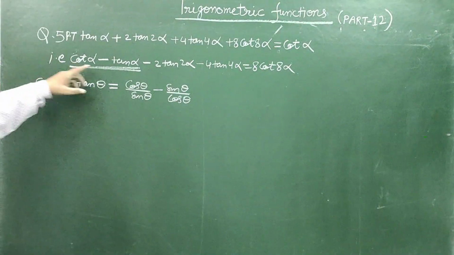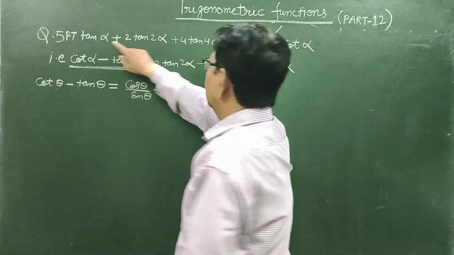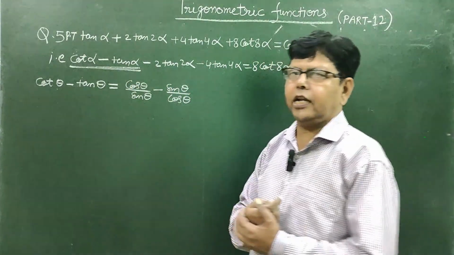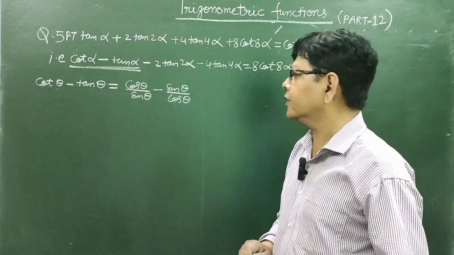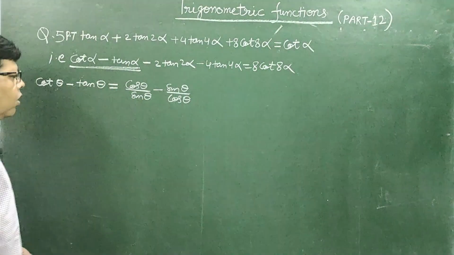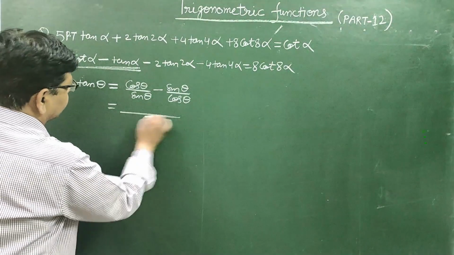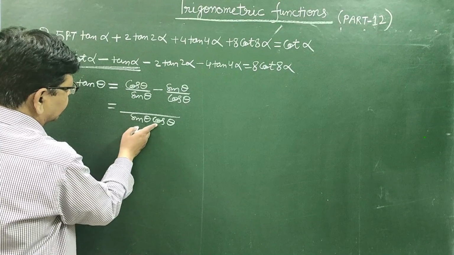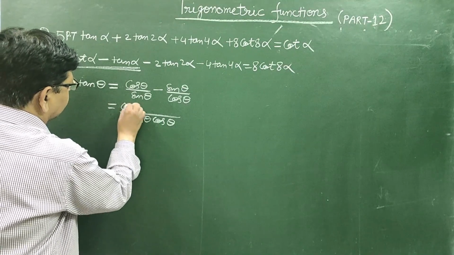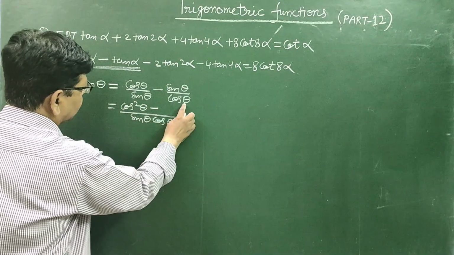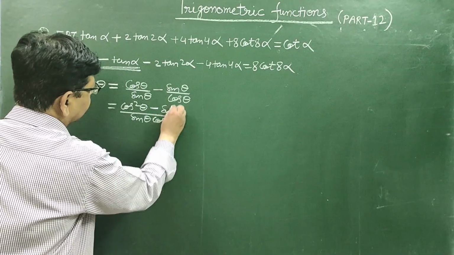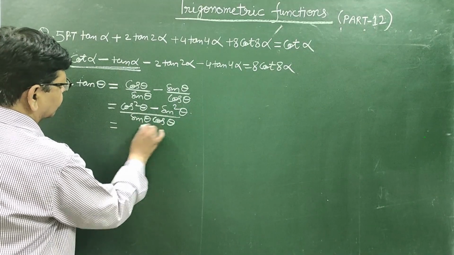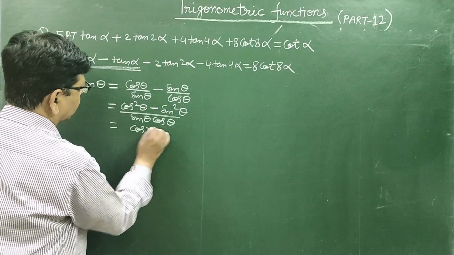I have transposed tan alpha to the right hand side, because with cot alpha I need tan alpha, so that I can use this identity which I am going to prove now. The LCM is sin theta cos theta. Cos theta into cos theta is cos square theta, minus sin square theta. This is equal to cos square theta minus sin square theta, you know, is equal to cos 2 theta.